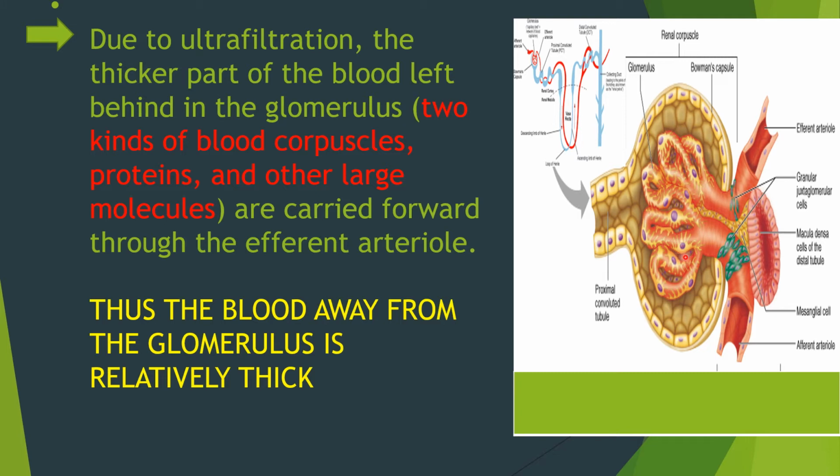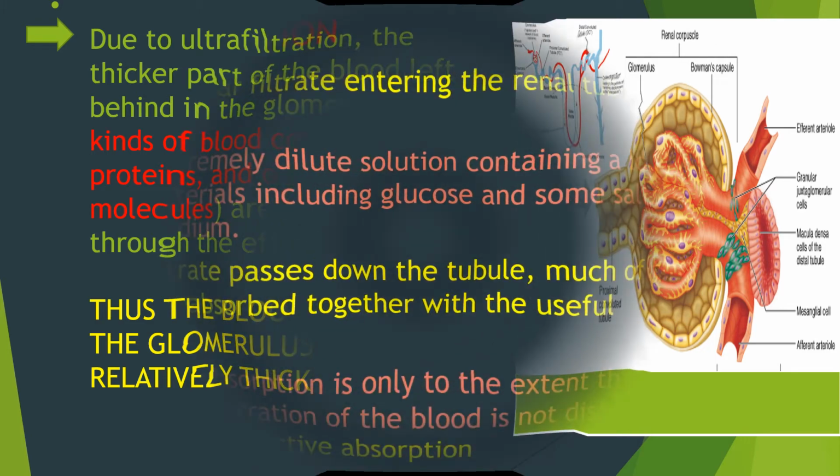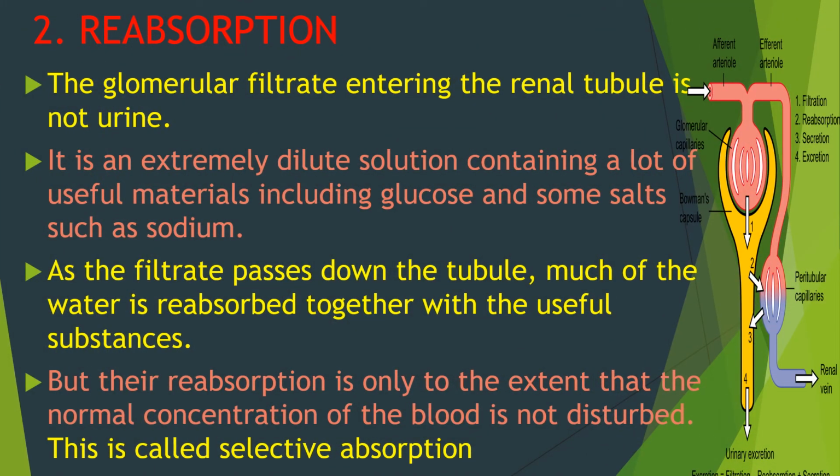Thus, the blood leaving the glomerulus is relatively thick because the liquid content has entered the kidney tubules. The next step of urine production is reabsorption. Here you can see glomerular filtrate entering the renal tubule after ultrafiltration.